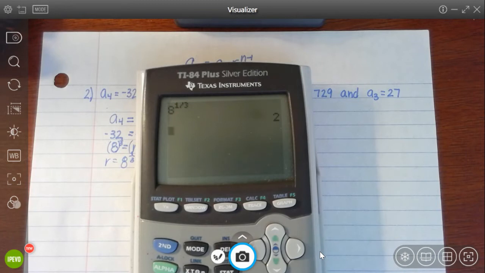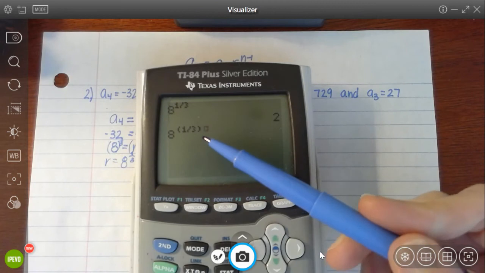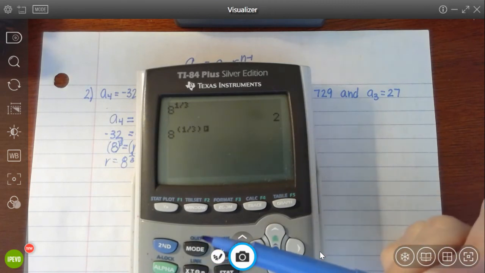If you do not have a calculator that jumps up to the exponent spot for you, what you actually have to do is use your up arrow key, but then put parentheses around that 1/3. Because a calculator that doesn't have this option is going to follow order of operations.